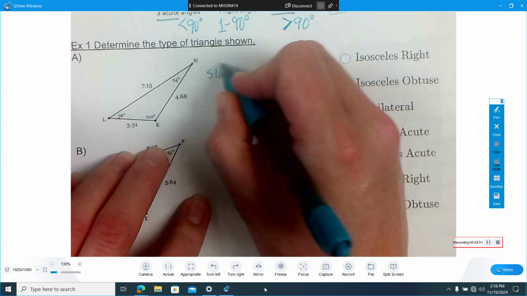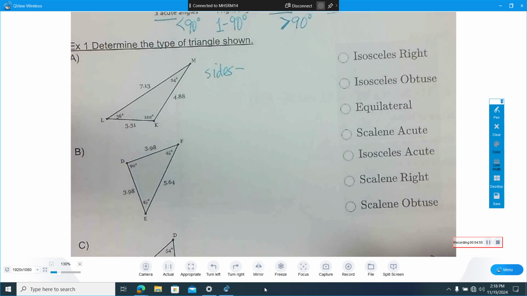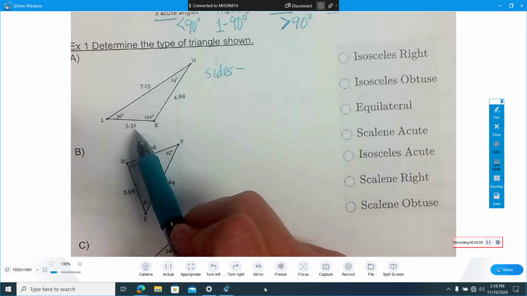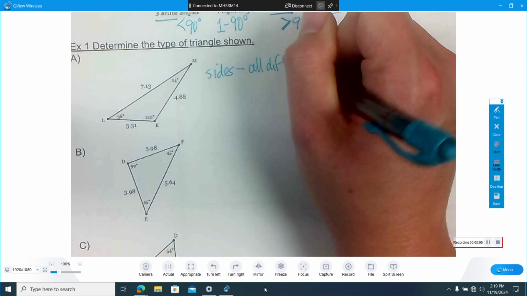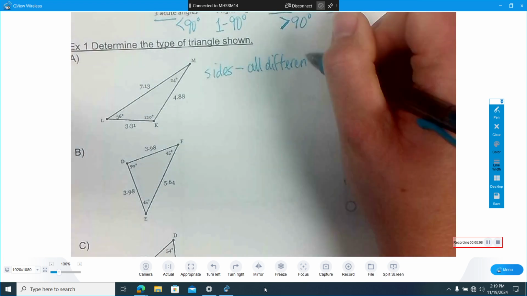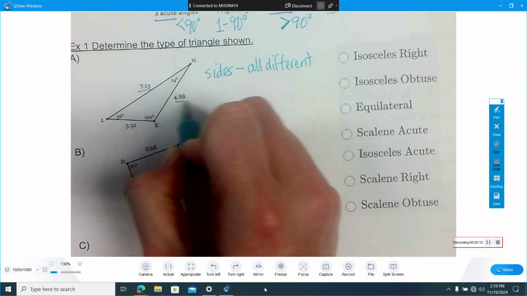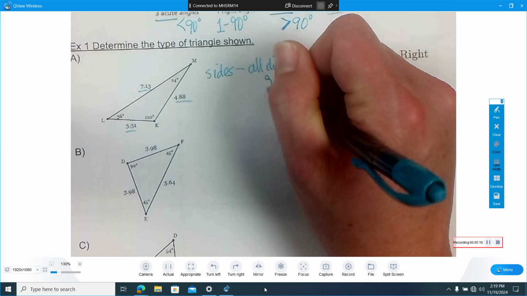So to start here, let's look at the sides of this first triangle. Tell me about the sides of this triangle. None of them are congruent. They're all different. All right, we've got 7.13, 3.11, 4.88. All those are different, which means scalene.